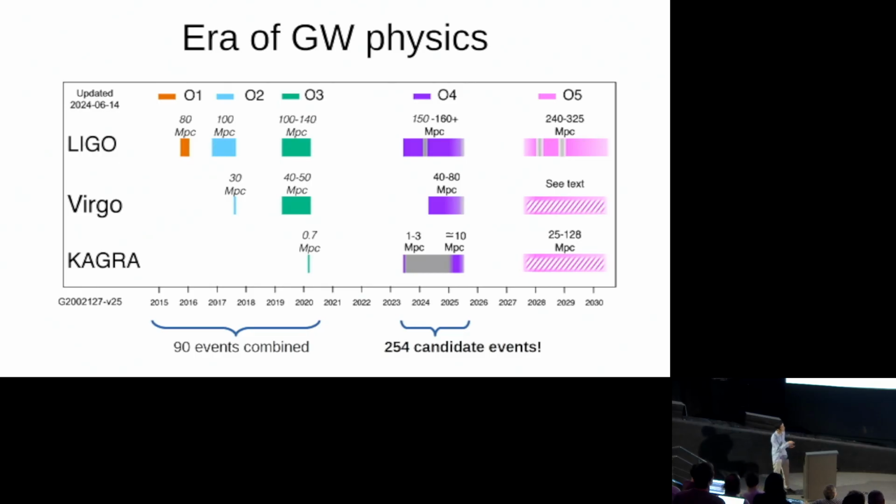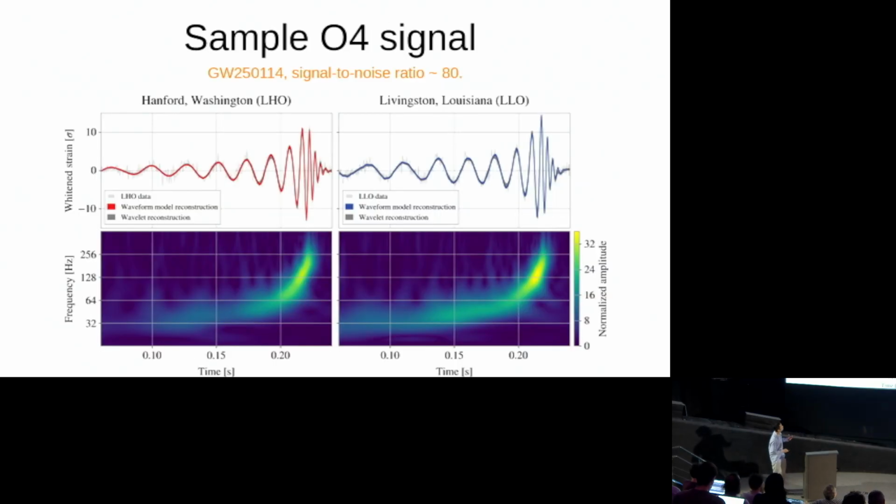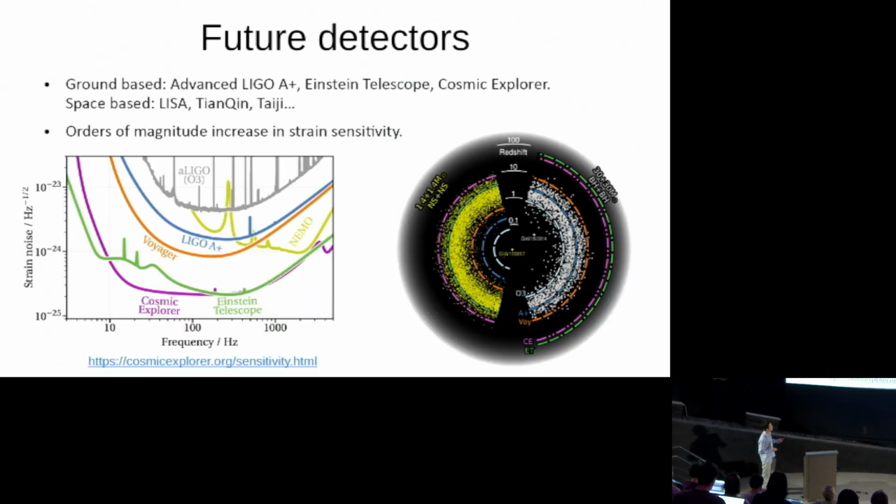And the story is going to continue. This is just one of the many signals detected by the O4 run. It reached a signal-to-noise ratio of around 80, which is about 3 times better than the first detection back in 2015. And there's a bright future ahead.